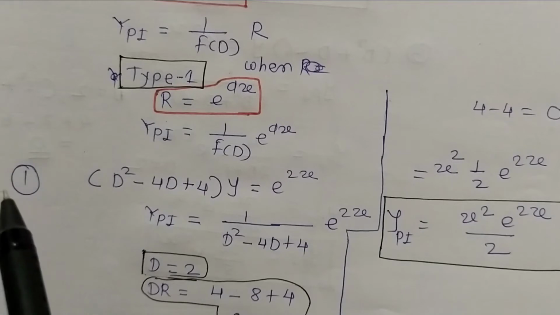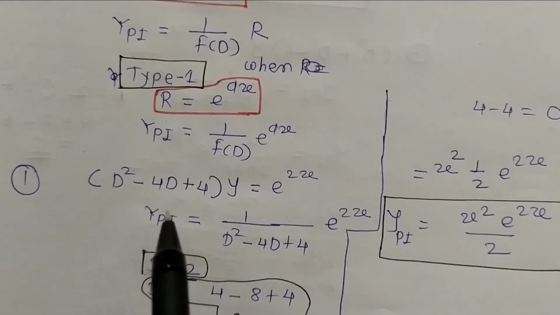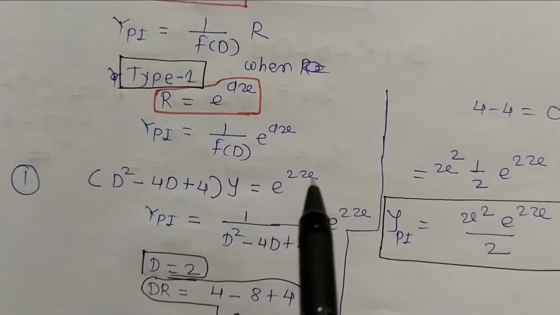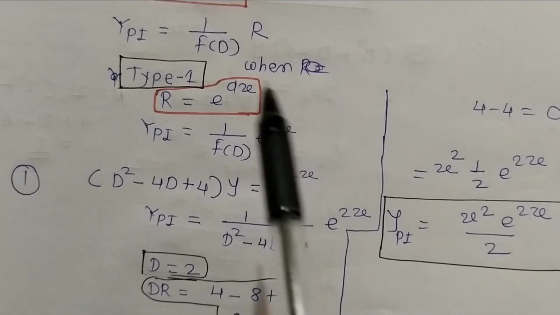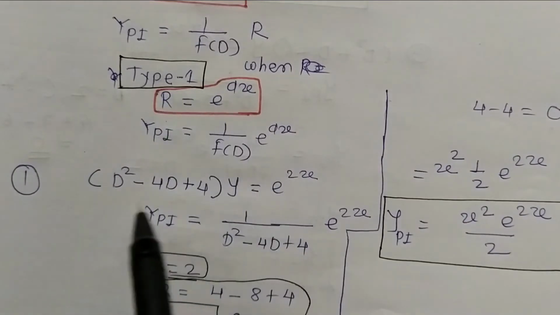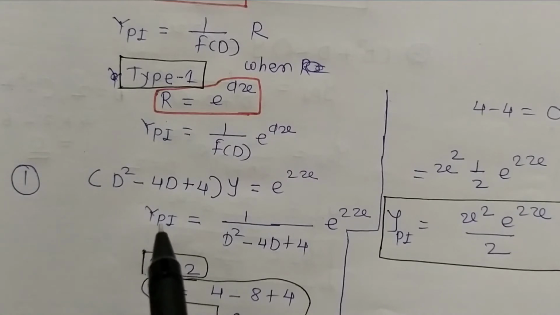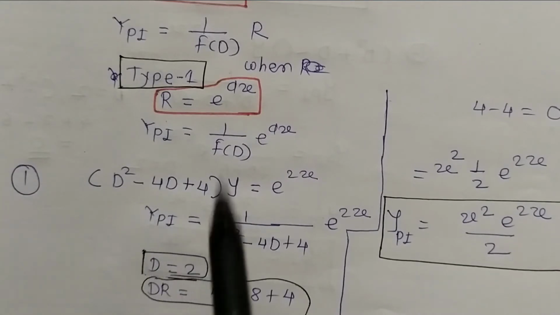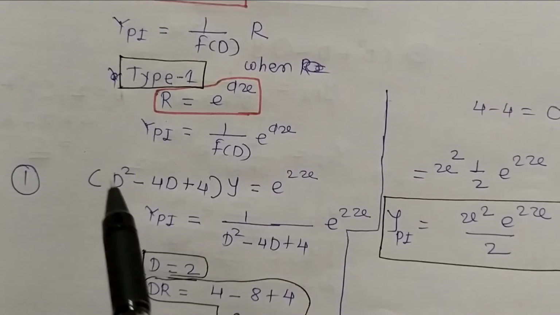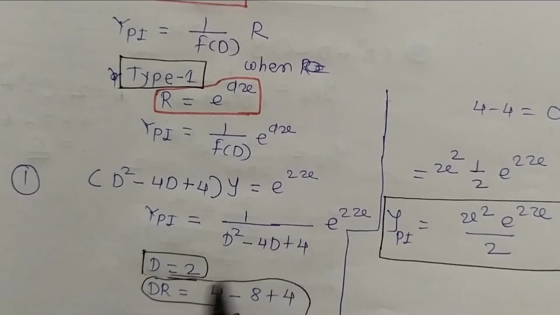Suppose consider the first example, that is D square minus 4D plus 4 y is equal to e raised to 2x. That is in the form where r is e raised to ax. Here the particular integral is equal to 1 upon f of D. What is f of D? F of D is D square minus 4D plus 4, into e raised to 2x.